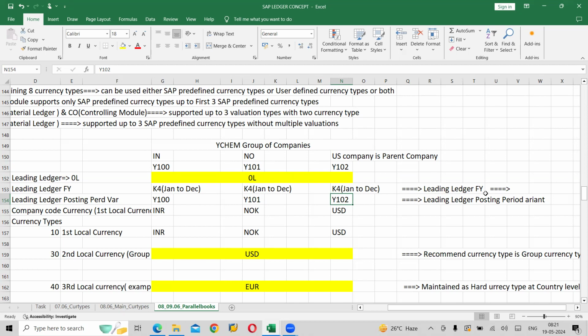So here the combination is first leading ledger, fiscal year, leading ledger, posting period variant. Next one, company code currency. Any questions here? I'm waiting for your questions.